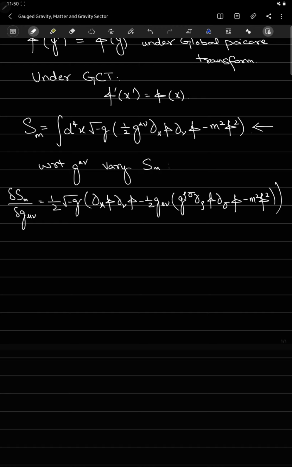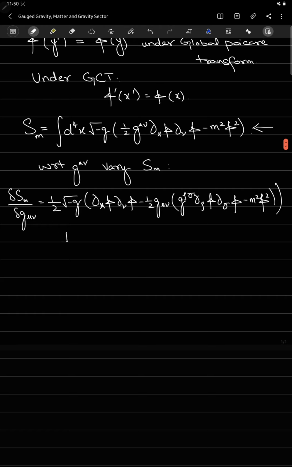Now, if you recall the expression that I wrote in previous lectures for this energy momentum tensor TAB, it was equal to the partial derivative of the Lagrangian with respect to the partial derivative of the field phi and partial b phi, and then there is another term as well, which is eta AB times the Lagrangian. This is the definition of the energy momentum tensor.